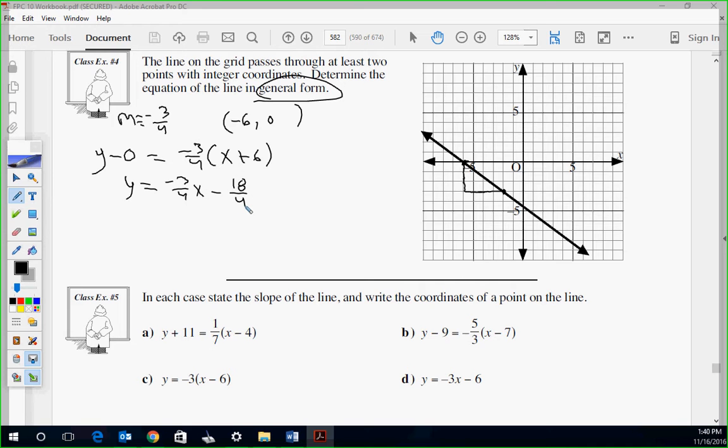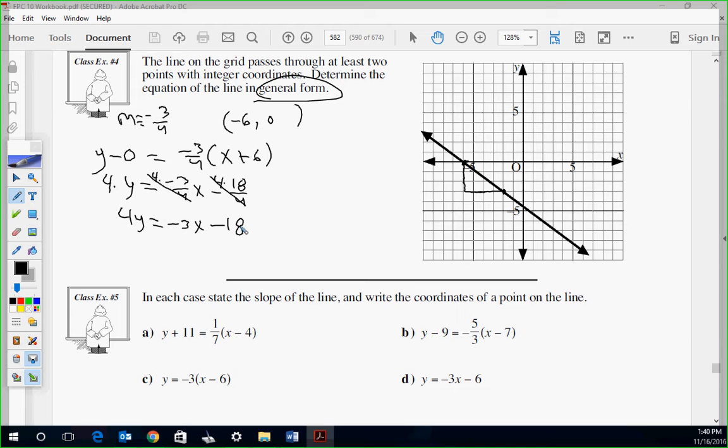What's the problem right now? No, we don't need a common denominator per se. No fractions. What do we want to get rid of? The 4, by timesing everything by 4. So I have 4y. Cancel that 4. Negative 3x. Cancel that 4. Negative 18. I'm almost home free.